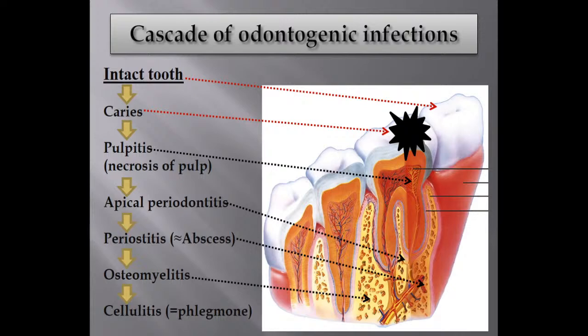And then necrosis of the bone part of the jaw, and this is osteomyelitis, or inflammation of the bone marrow, and then cellulitis. In English literature it's a purulent cellulitis, and in Russian literature we name it a phlegmon.